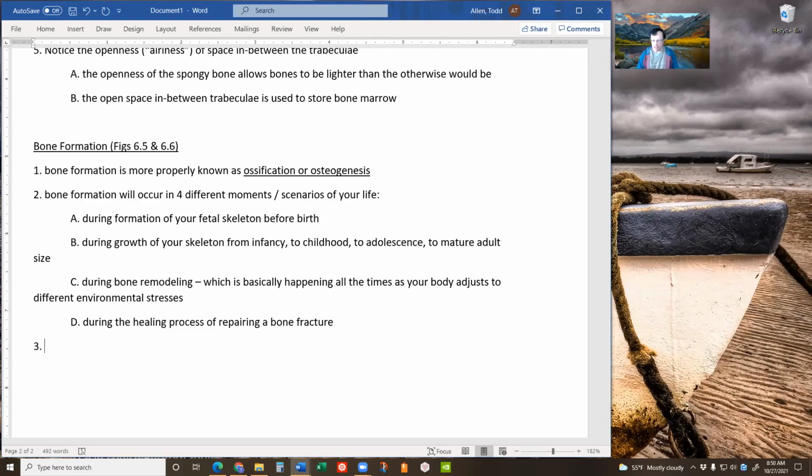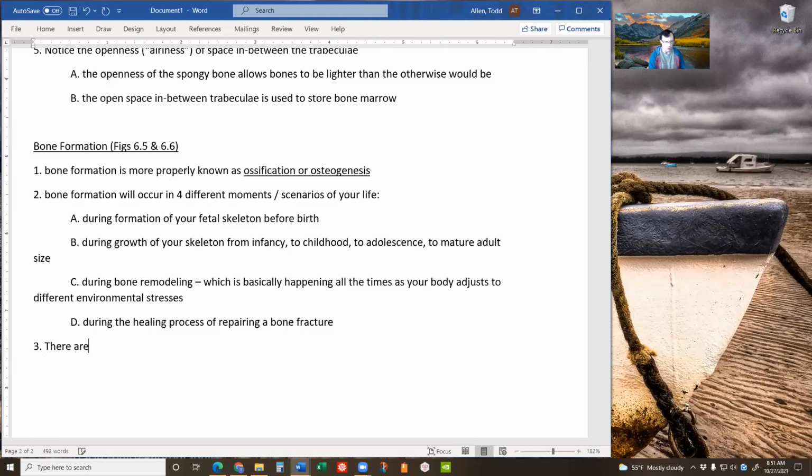There are mainly two ways that new bone is formed, and those are the topics of figure 6.5 and figure 6.6. I'm not going to walk you through these processes. I don't see too much value in doing that with our time together, but I would like you to be aware of these processes, certainly know the terminology, and read through the stages during your private study time.